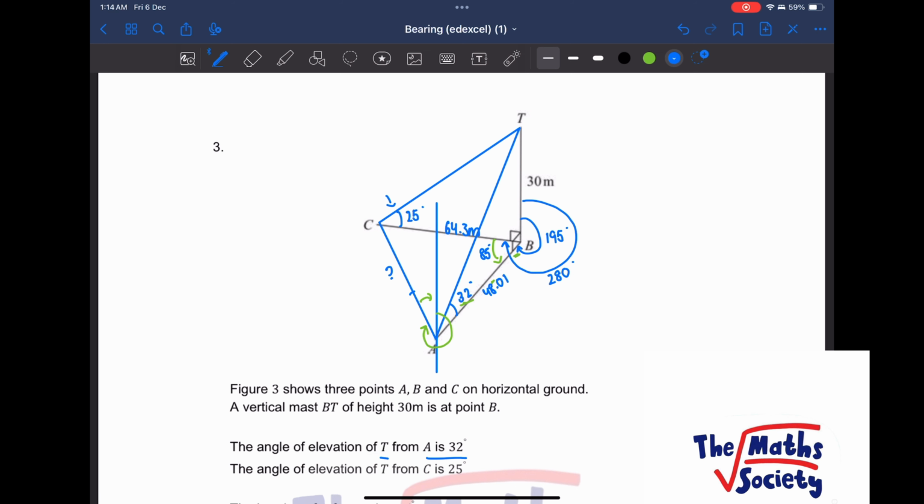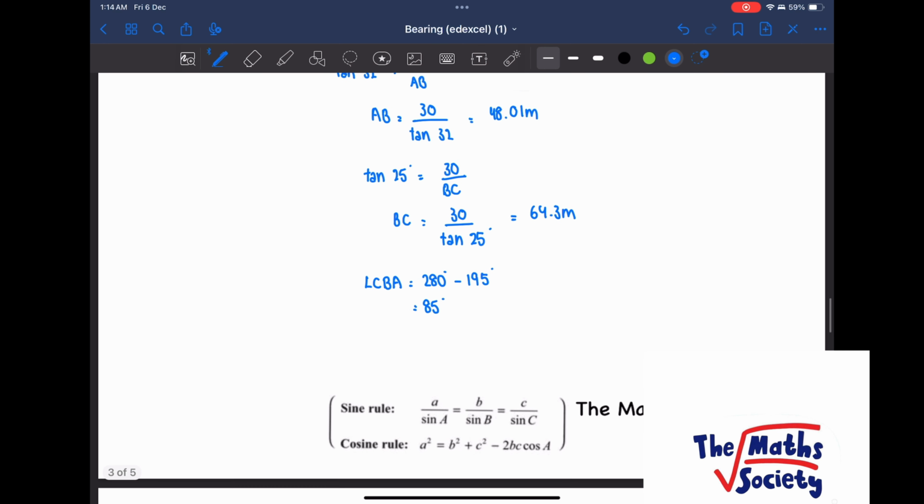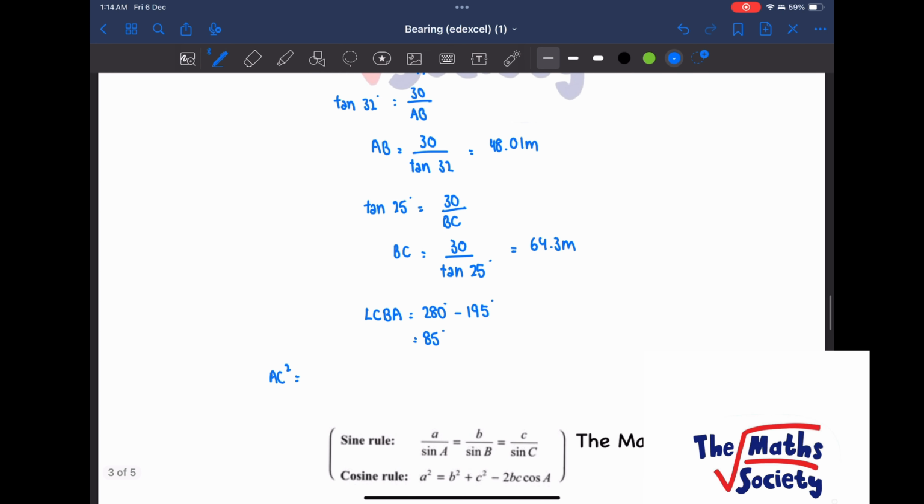AC square equals 48.01 square plus 64.3 square minus 2 times 48.01 times 64.3 times cos 85. So AC will give you an answer of 76.85 meter.